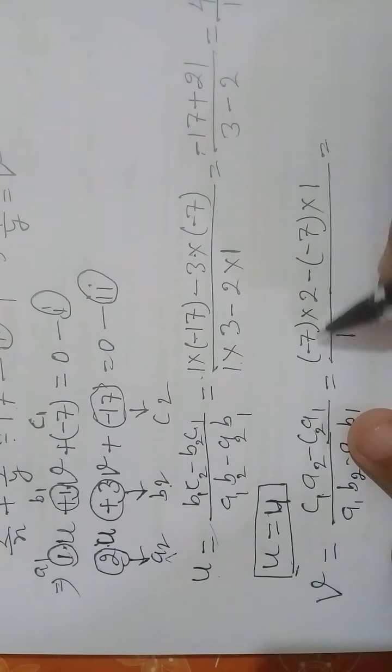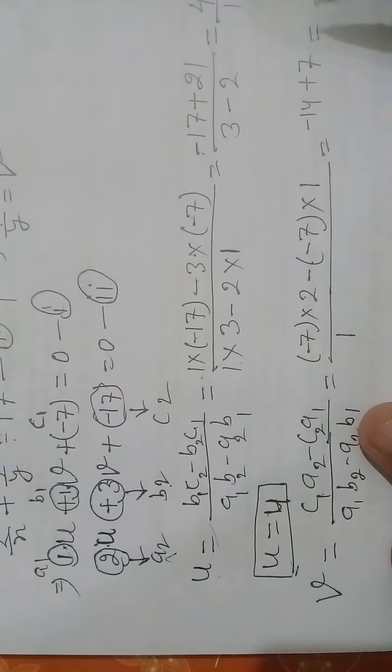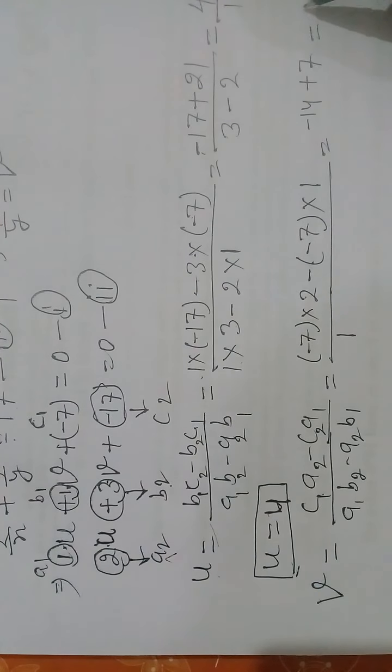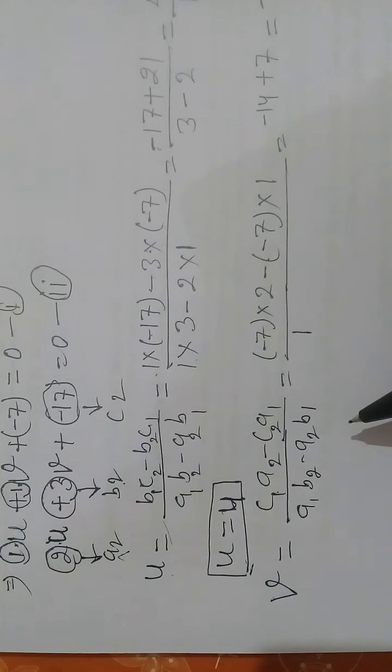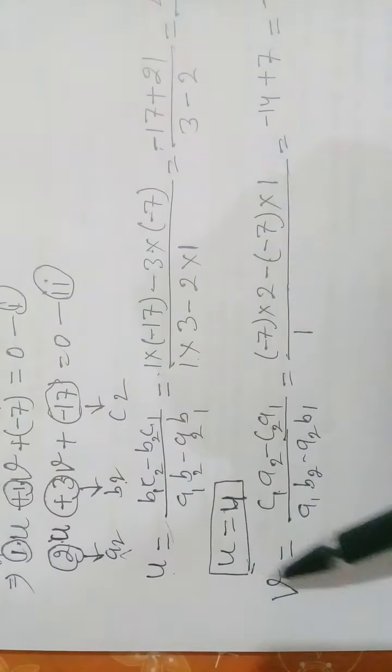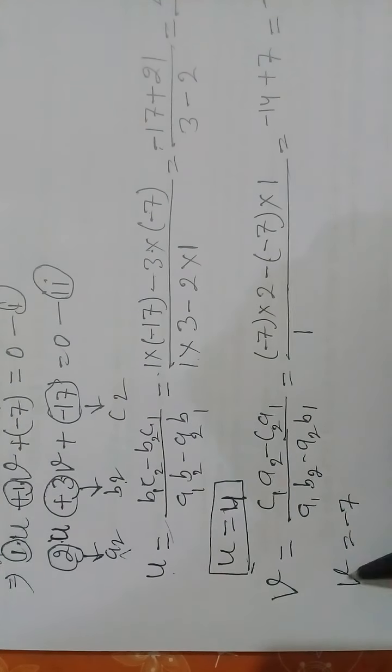Next step, minus 7 into 2 is minus 14, plus 17 by 1. So v is equal to 3.